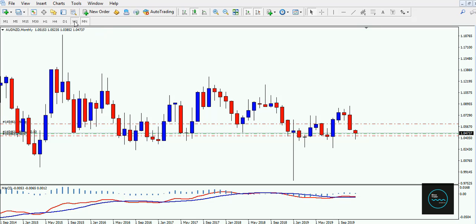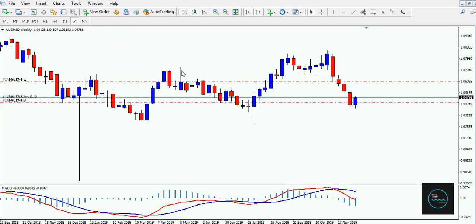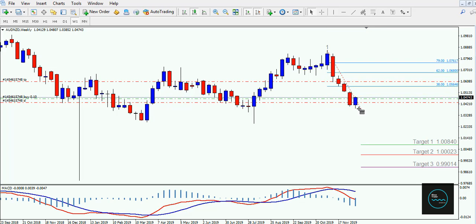But let's go to the weekly chart and see what we see. So on the weekly chart, you can see the bounce beginning to happen, and if it follows, then that means that this bounce is going to push this market back up to somewhere in this region. All right, but normally in this instance, what I would do is to take the Fibonacci levels here and tentatively believe that we are looking at this region as where the rally will get to.